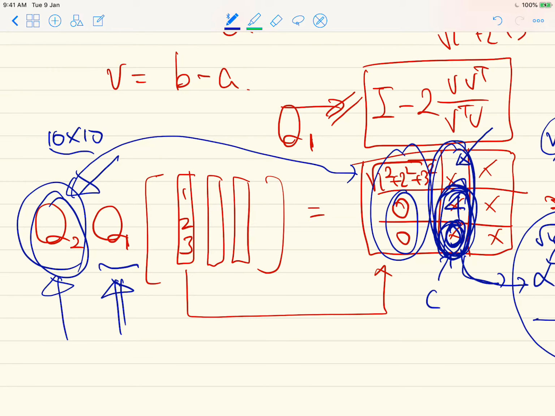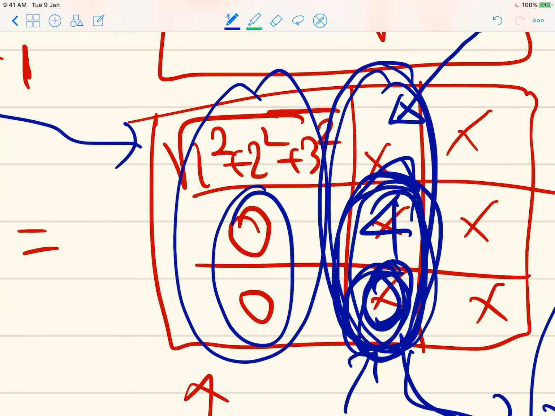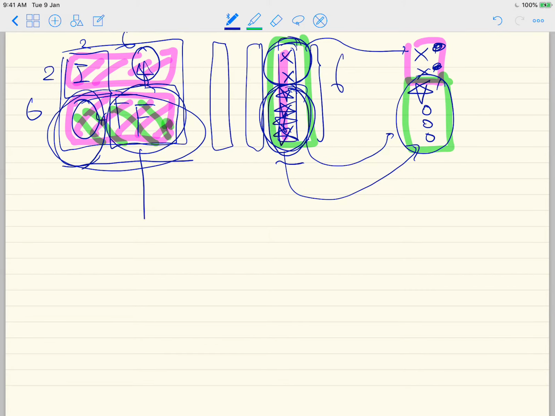So this Q2 should be multiplied with the first column. In this case, we can easily see that this Q2 will not change this first column at all, because Q2 will be embedded into, for example, a 3 by 3 matrix, and this F part will be embedded into this lower right part, right?